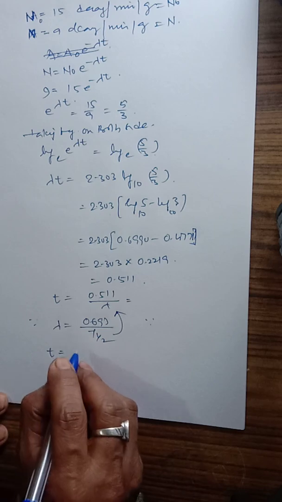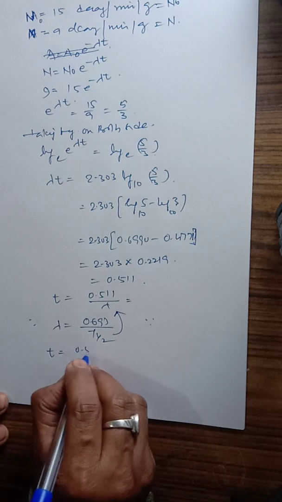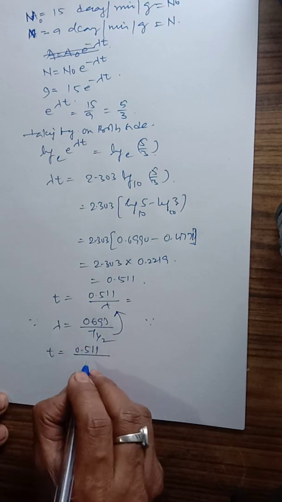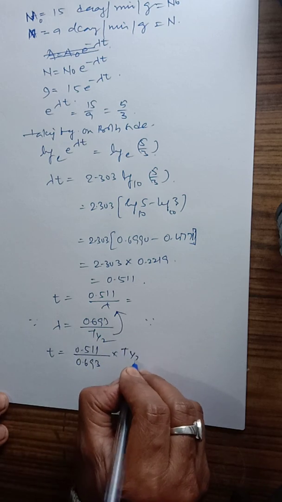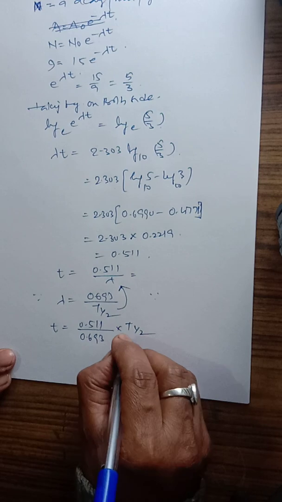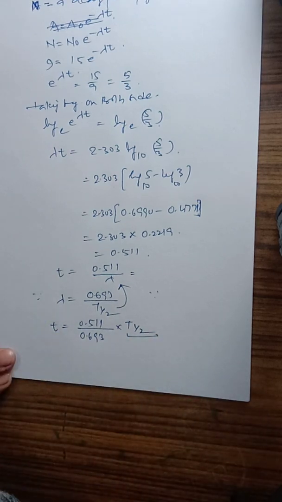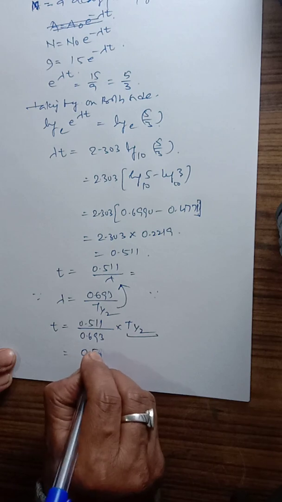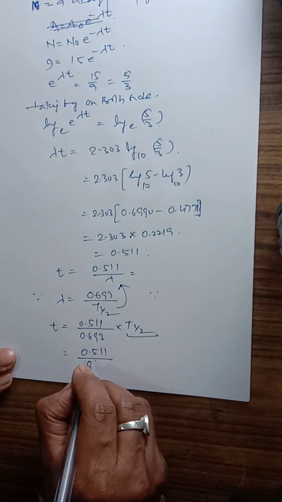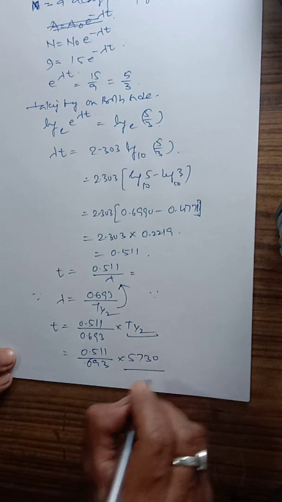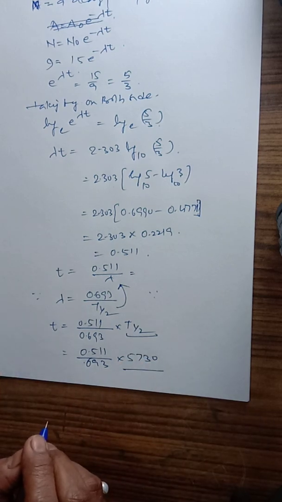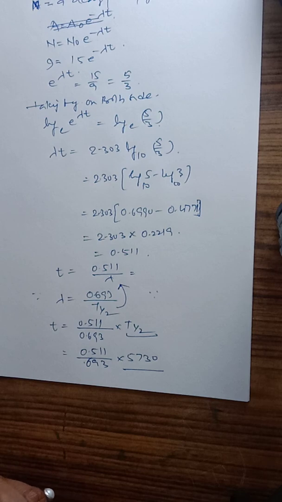The time period is 0.511 divided by lambda, which is 0.511 into t half upon 0.693, and the half-life is given, that is 5730. So it is 0.511 into 5730 divided by 0.693. You can solve it and get the time period which is required.